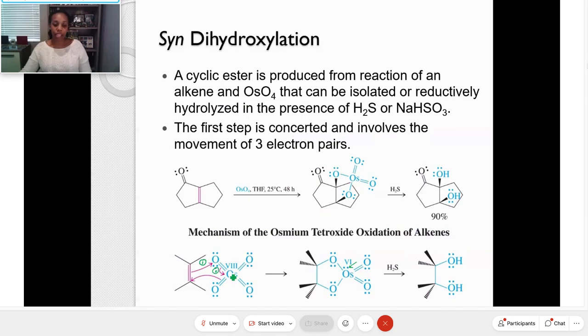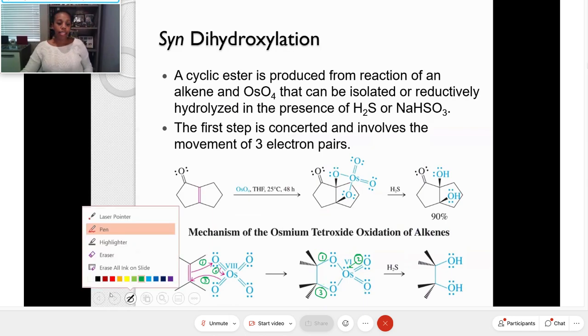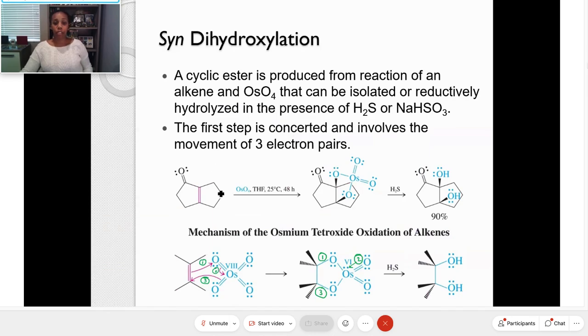Osmium can handle having electrons on it, but the oxygen says, okay, I don't want you to be left with the positive charge, other carbon. So we end up making this bond in arrow number 1, the lone pair for arrow number 2, and then this bond in arrow number 3. So we end up with this cyclic ester intermediate. And that's all that happens in the first step.